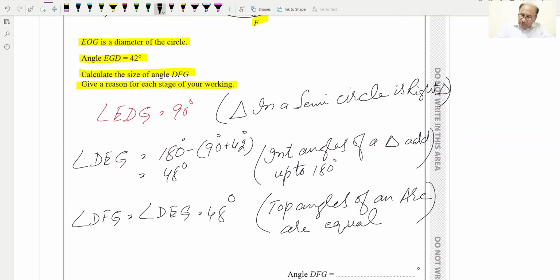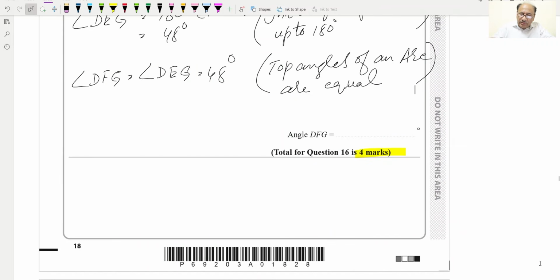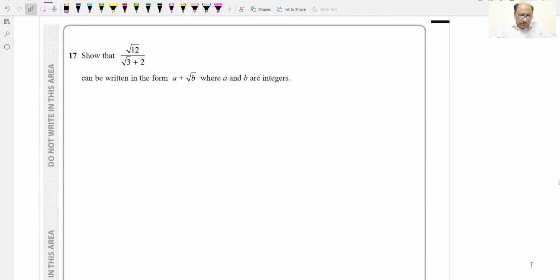So these are the reasons which we have mentioned, and 48 degrees will be the answer. Degree symbol is already there, so we can write 48, and this will be our answer for 4 marks basically.